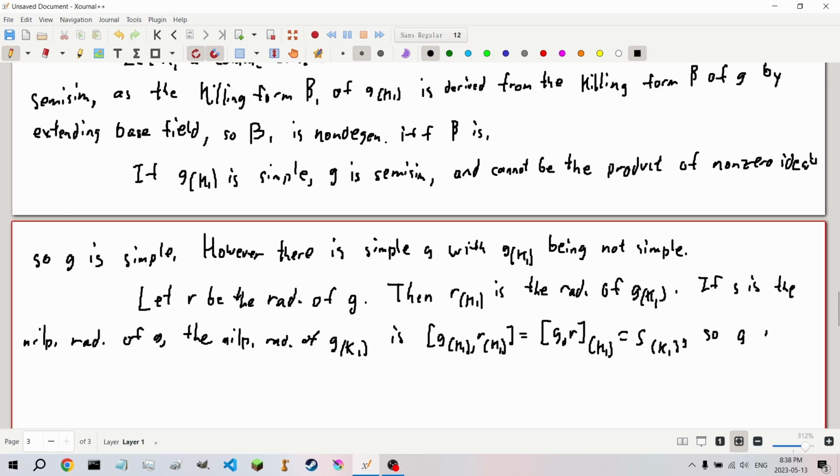So G is reductive if and only if G extended to K1 is.